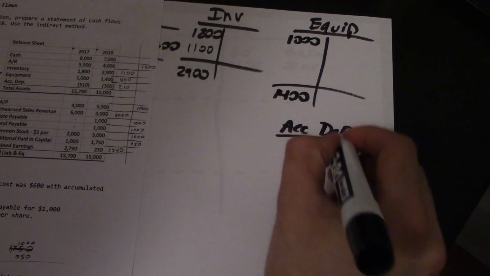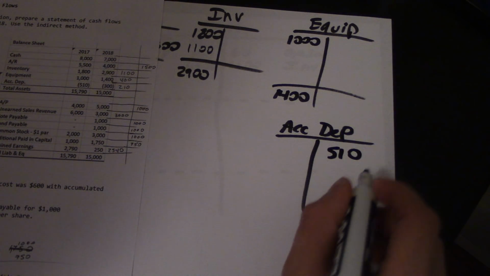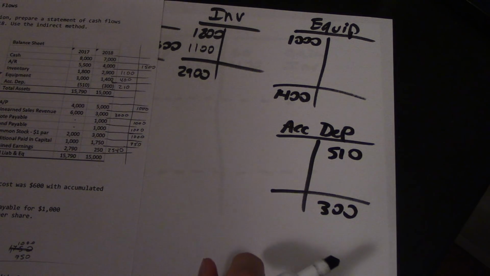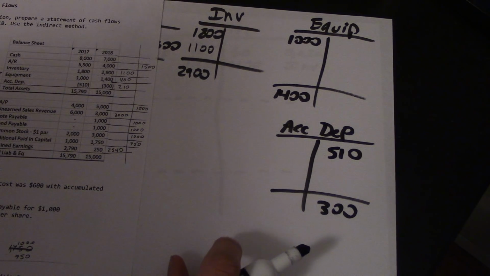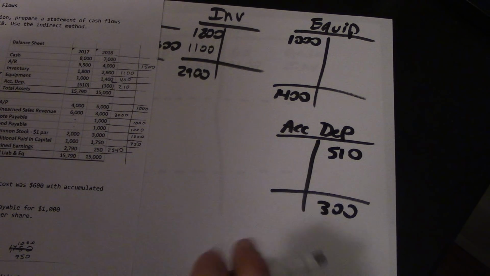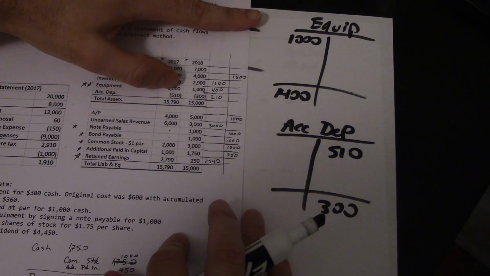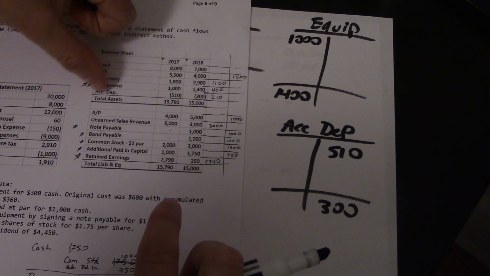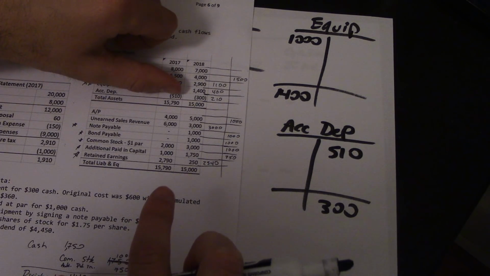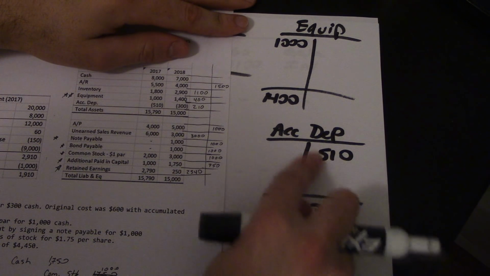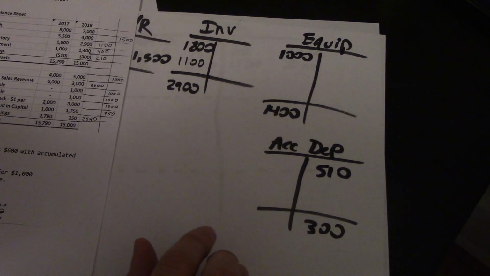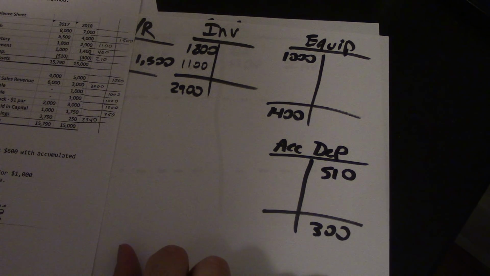We began with 510 and we ended with 300. Be sure to recognize that it says a negative as accumulated depreciation because accumulated depreciation is a contra asset. Accumulated depreciation has a natural credit. Anyway, so there's our equipment and accumulated depreciation T accounts.